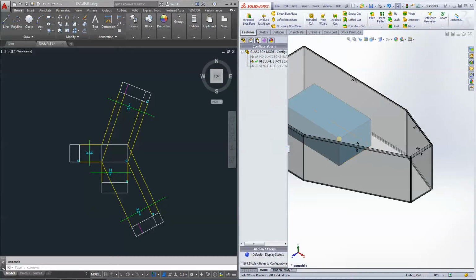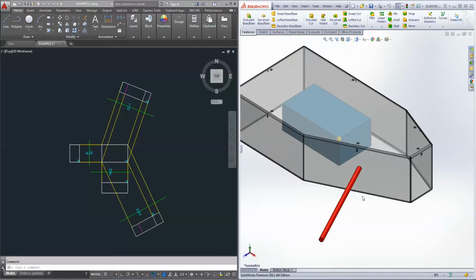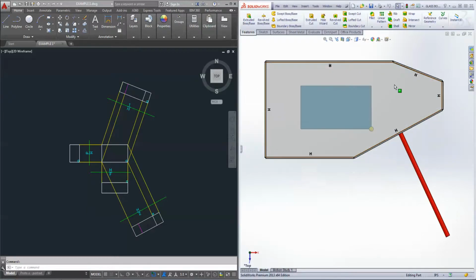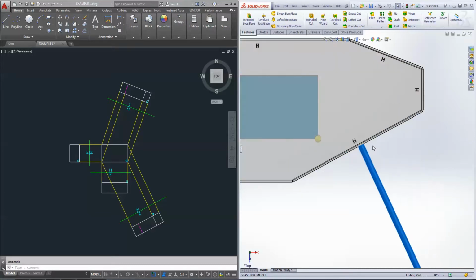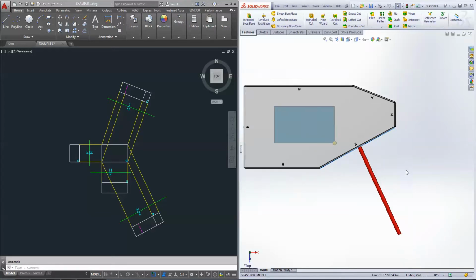Let's go ahead and open up a red cylinder right here that represents our eye looking through the view to the object that we're trying to draw. You can see if I give us a horizontal view, a top view of the object, that our eye line is perpendicular to this line right here, which represents plane number 2, because we're looking straight down the top. We would see plane number 2 as just a single line, and you can see that those two things are at right angles to each other.